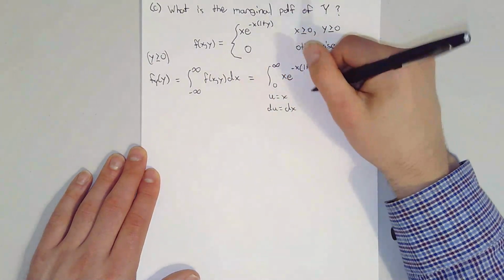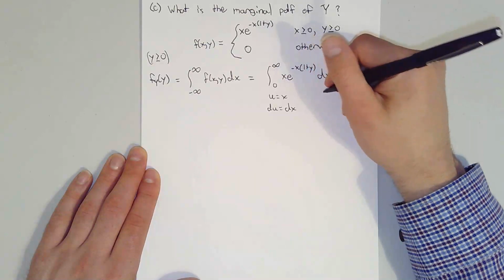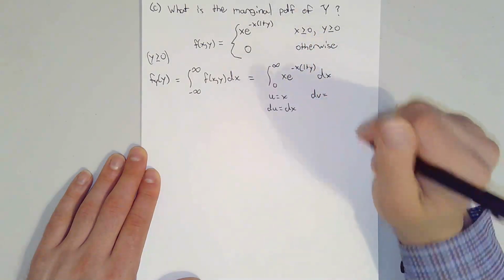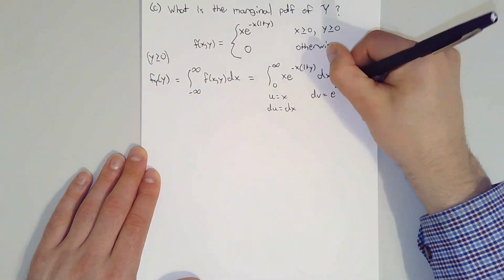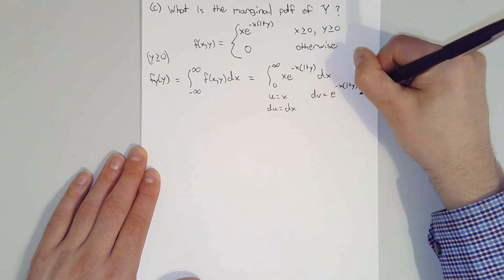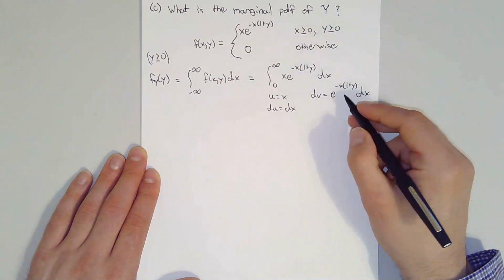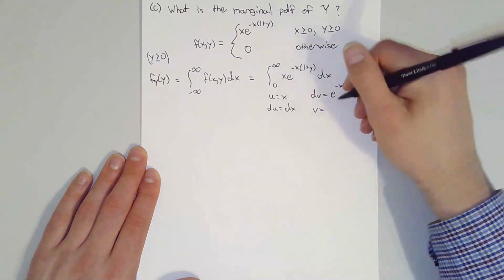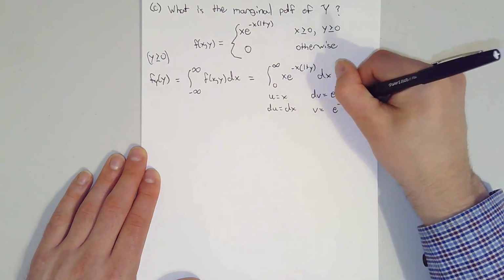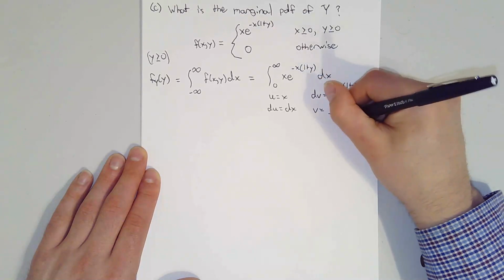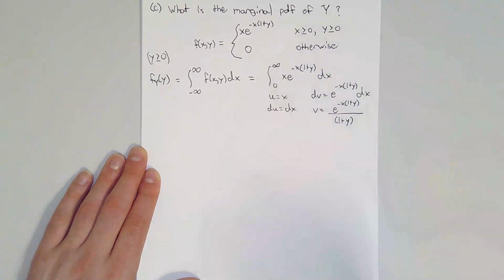Similarly, the other part will be our dv, which is e to the negative x times 1 plus y dx. And the integral of this expression gives us the following. V is equal to, just like so.